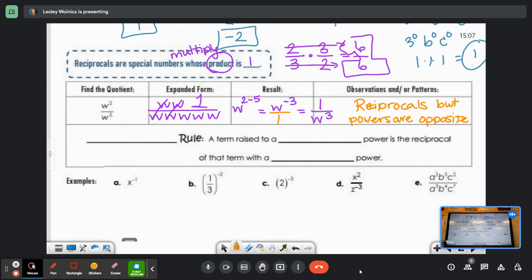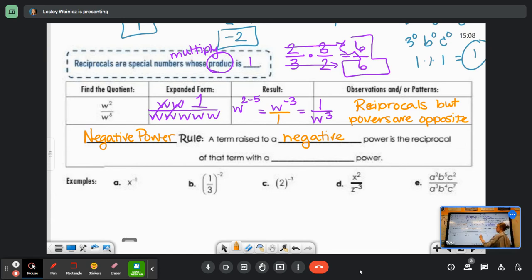Guys, basically that right there in a nutshell is our negative power rule. So here it is, negative power rule. If I raise a term to a negative power, I'm going to get the reciprocal with what kind of exponent?